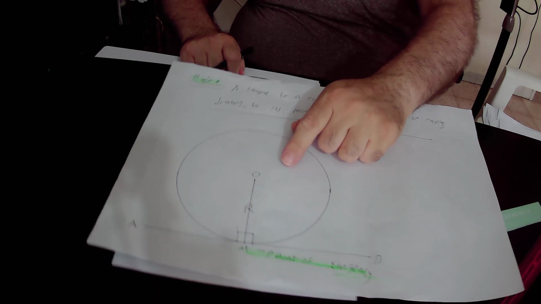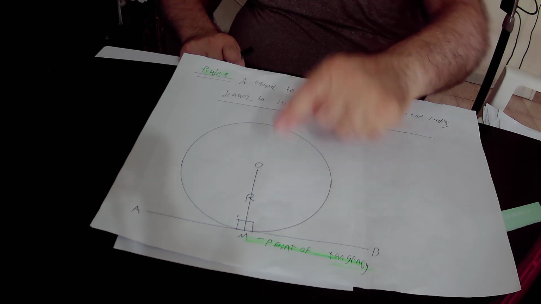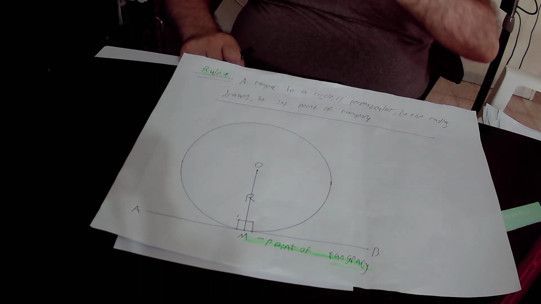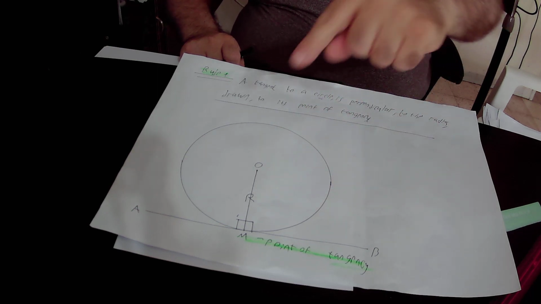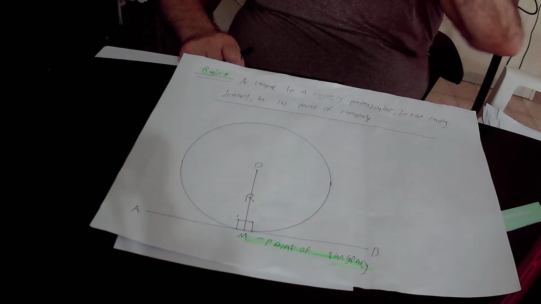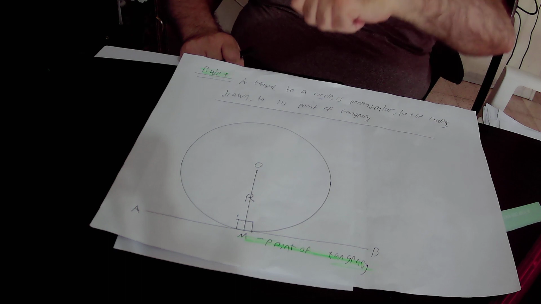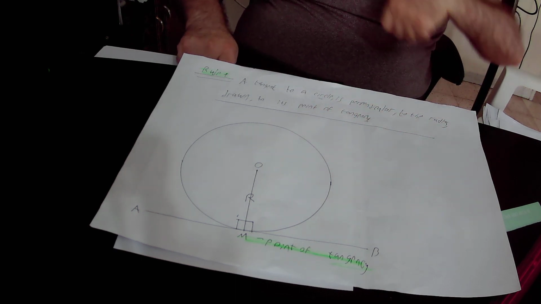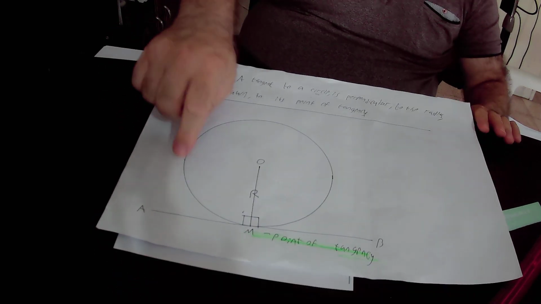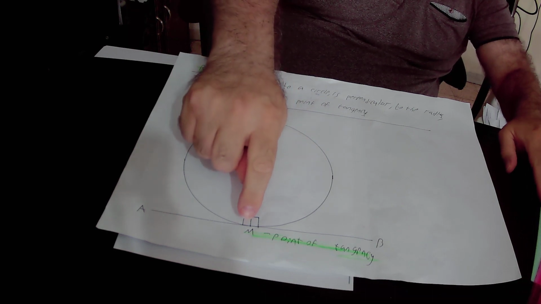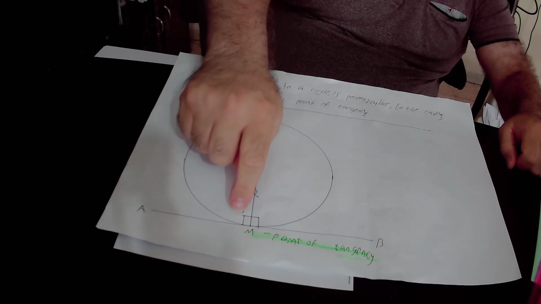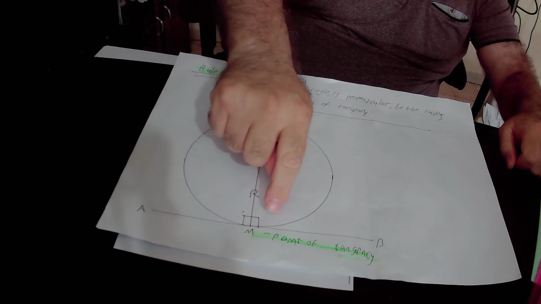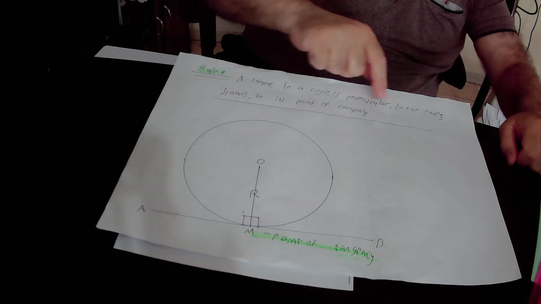Here, the radius OM is drawn to point M, that is the point of tangency of tangent AB with this circle. And whenever we have a radius drawn to the point of tangency, then tangent AB will be perpendicular to the radius MO. So if AB is perpendicular to MO, it means that this angle equals 90 degrees and this angle also will be equal to 90 degrees.